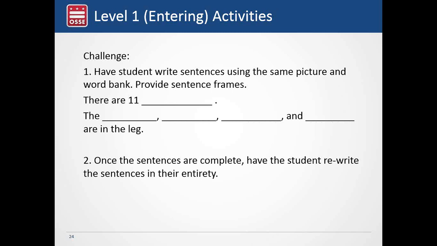And the benefit of rewriting the sentences is a student at this level will struggle with word order and the particles like the, are. Do I use the word in, or is it at? They get very confused about things that we take for granted.